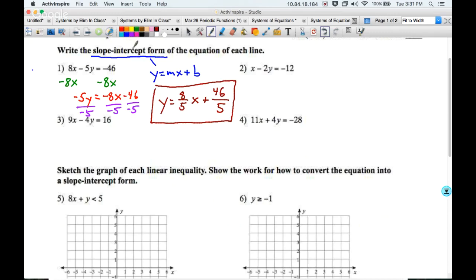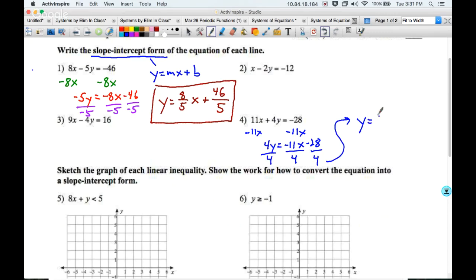Let's do another one of these. We'll do number 4. Looks maybe just a little bit different, but the process is still very similar. Move the 11x to the other side by subtracting 11x from both sides. Put it in front of the negative 28, so I get negative 11x minus 28. Divide every term by 4.